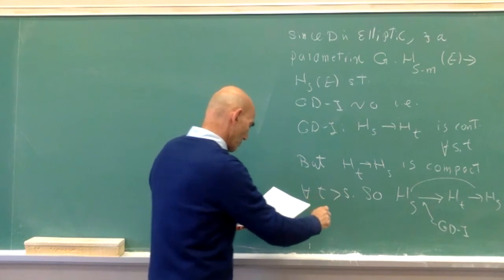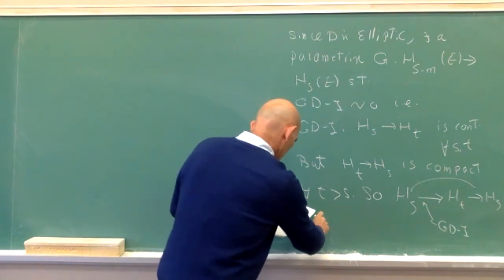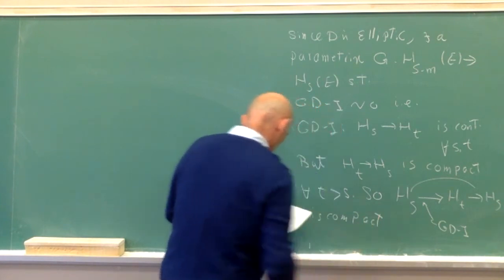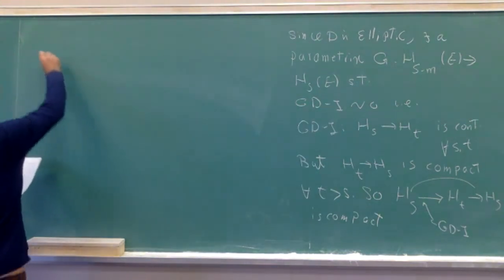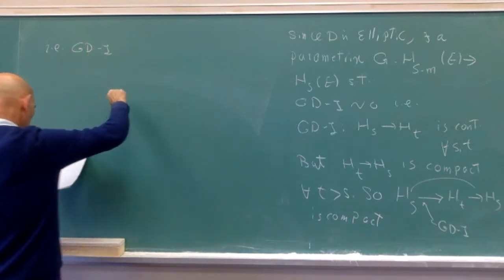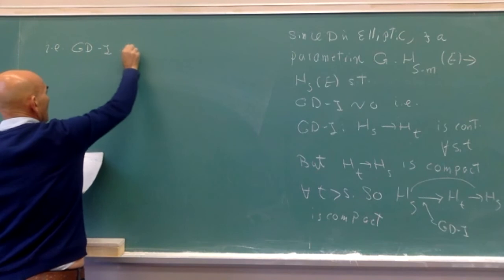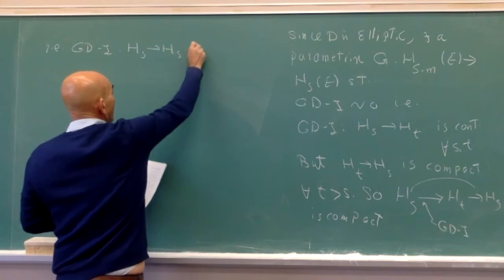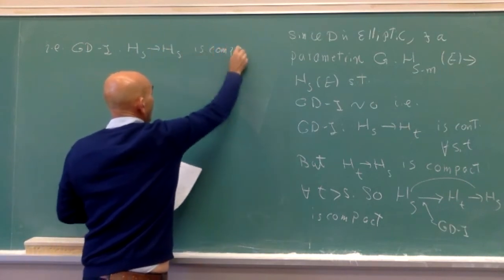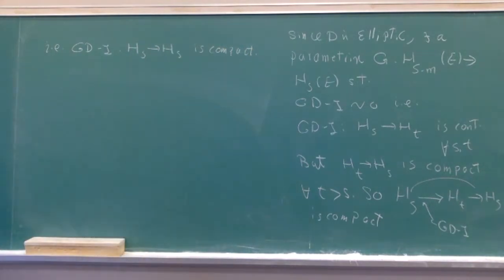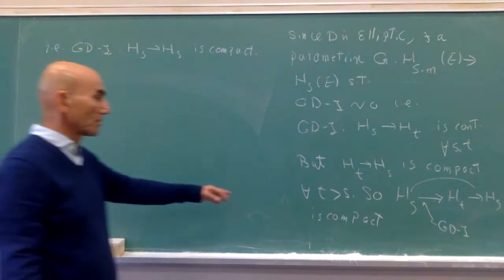So let me write it as compact, i.e., G minus identity from HS to HS is compact. It's a factorization trick, but we had to use the right scale here.